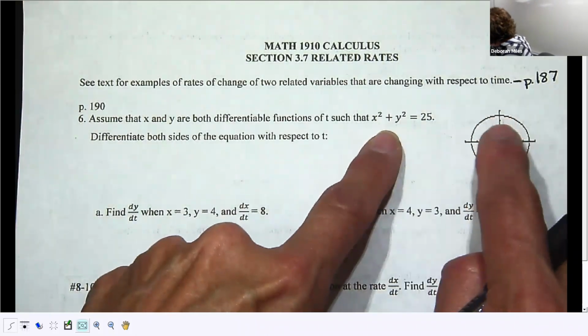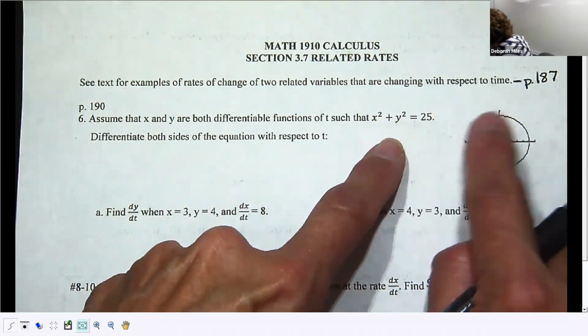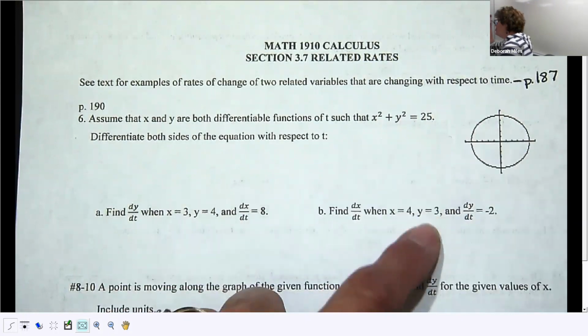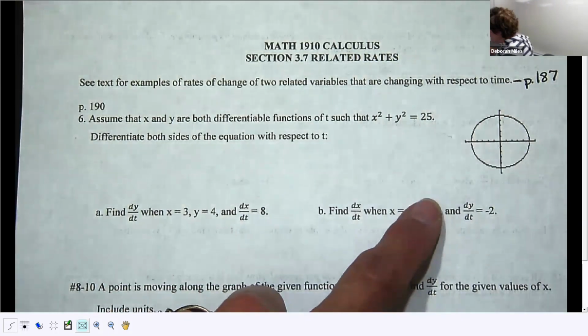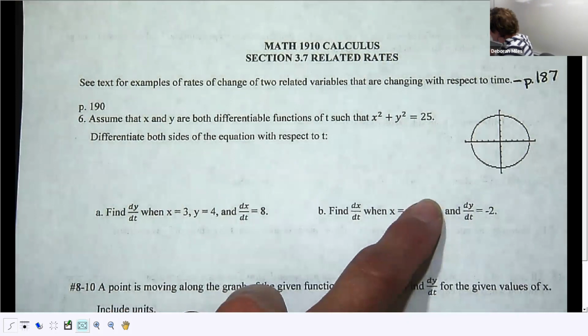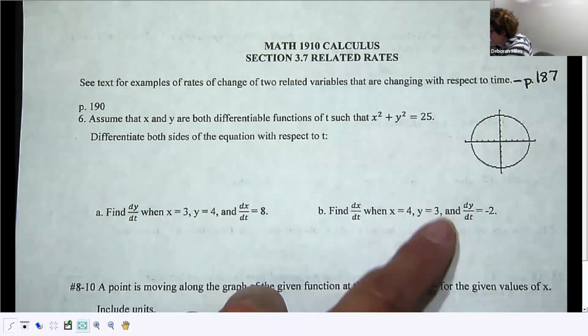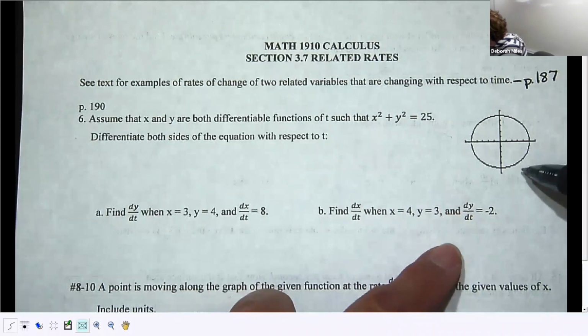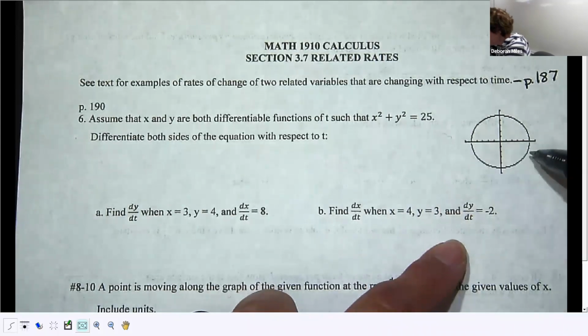And I want you to imagine a marble rolling around that circle, and the ordered pair where that marble is at any given moment depends on how long it's been rolling. You may start it right here at (5, 0) and find out where it's going to be in 3 seconds, in 5 seconds, in 9 seconds.